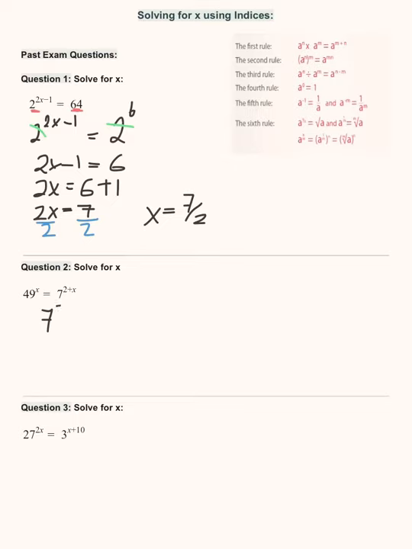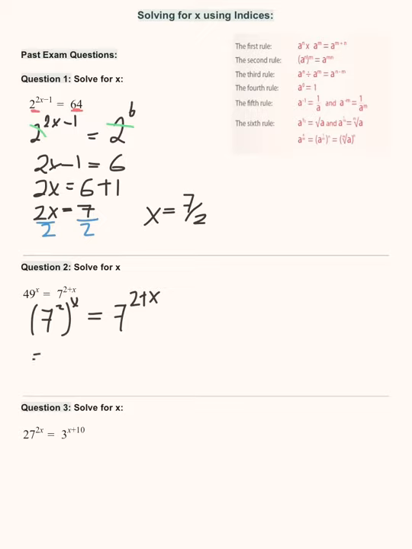So I'm going to say 7 squared, replace 49 with 7 squared. Now the power of x on the 49, I haven't changed that. It's only the 49 I've rewritten as 7 squared. So I must keep the power of x and then 7 to the power of 2 plus x.